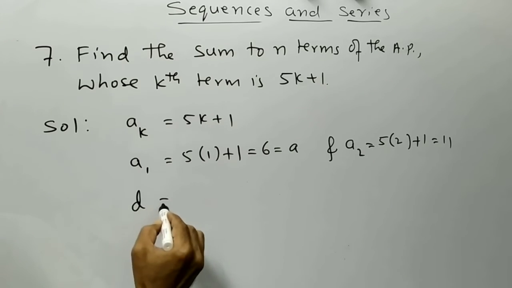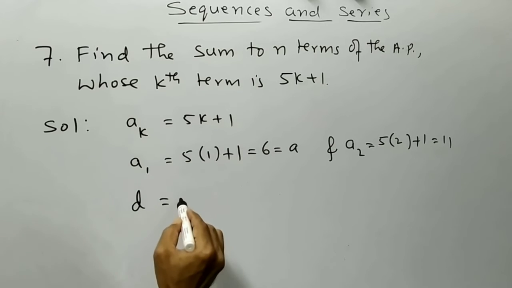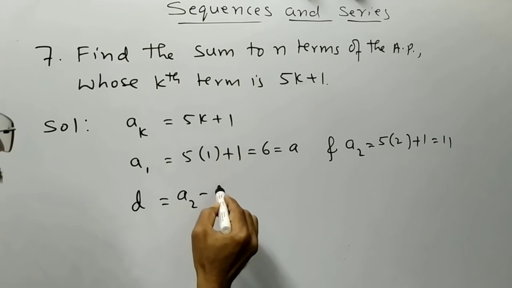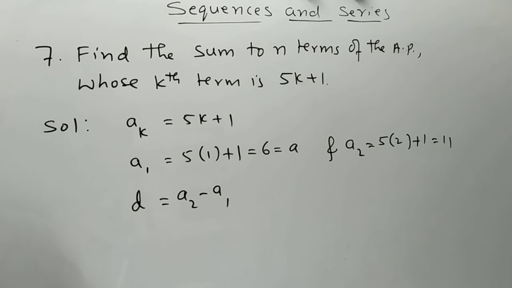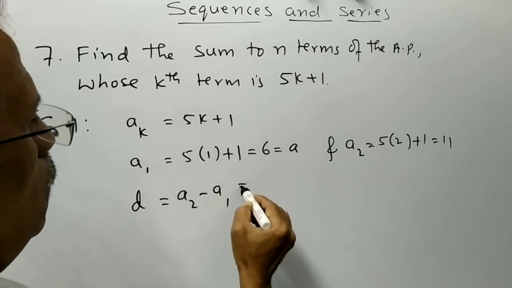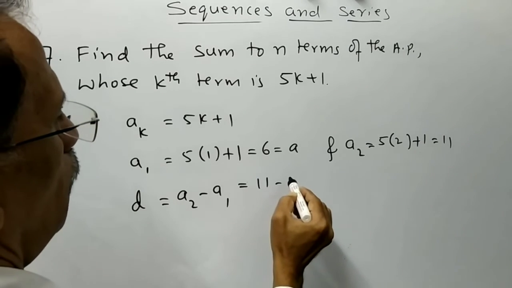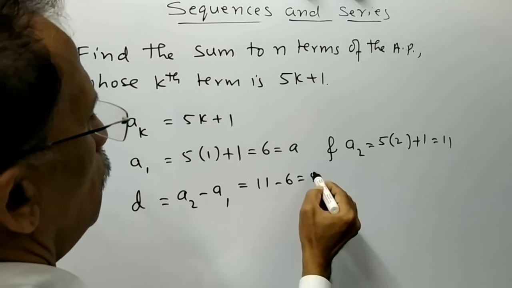Common difference d is equal to second term minus first term, that is a2 minus a1, is equal to 11 minus 6 is equal to 5.